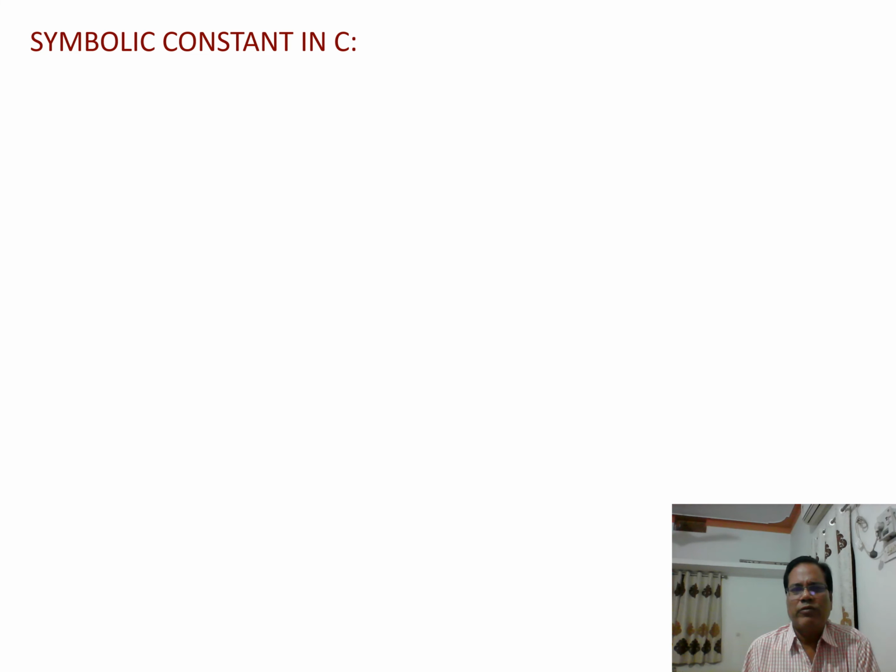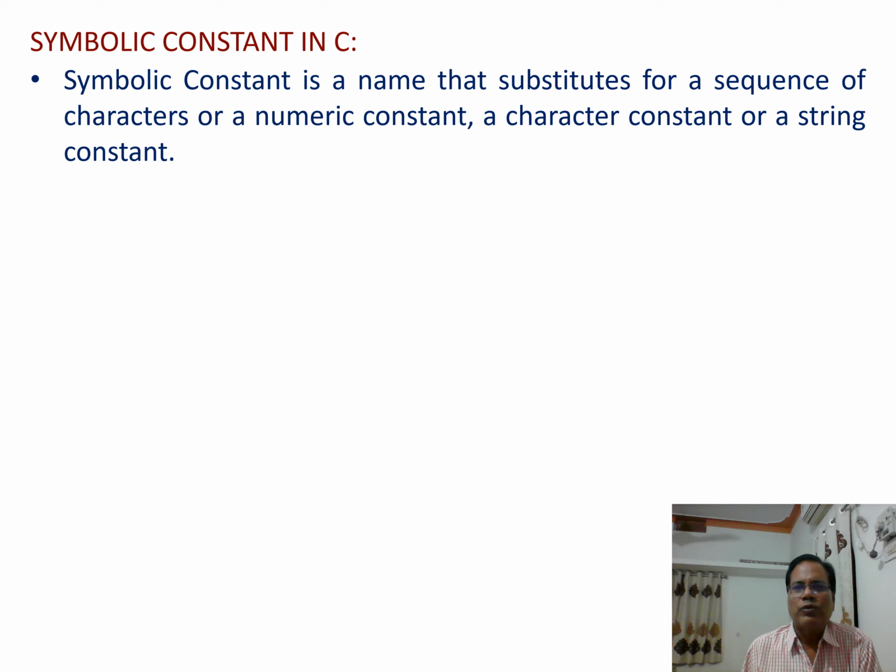Symbolic constant, we have already discussed the name of the constant. Some symbols are used in C programming. A symbolic constant is a name that substitutes for a sequence of characters, a numerical constant, a character constant or a string constant, which we have already discussed.